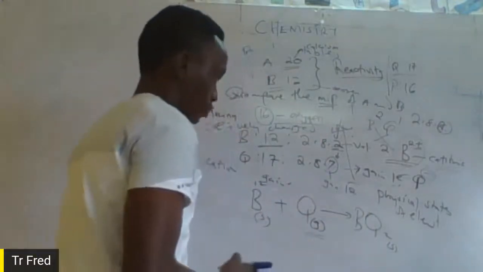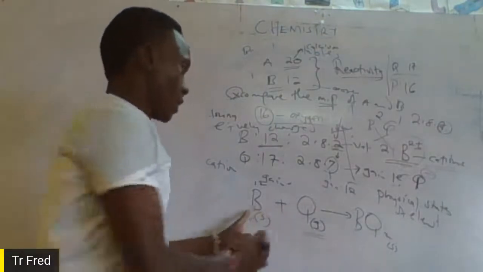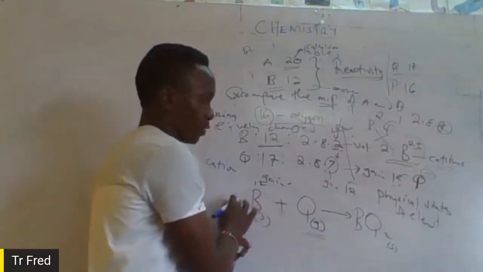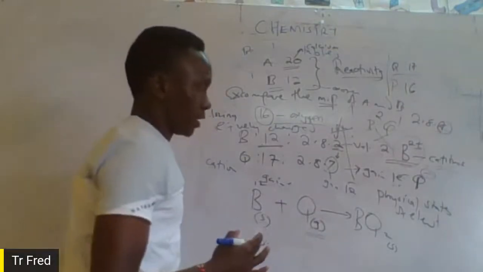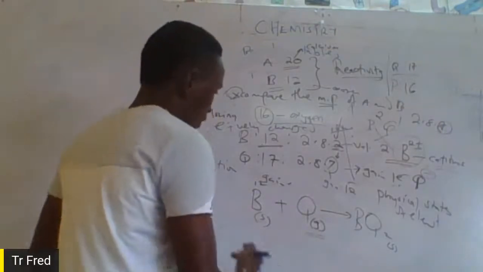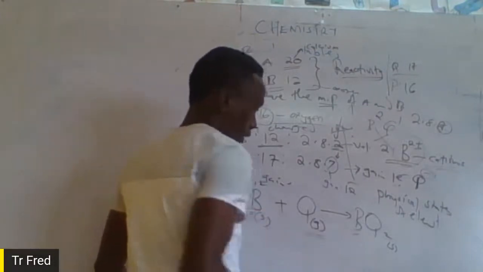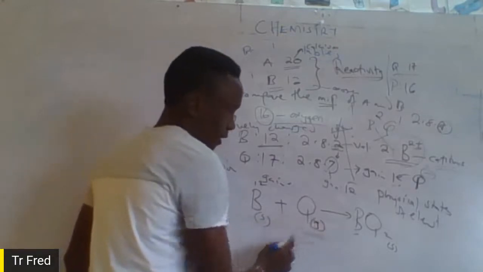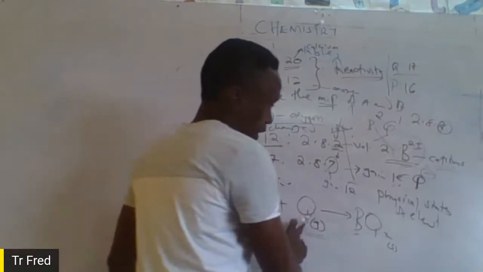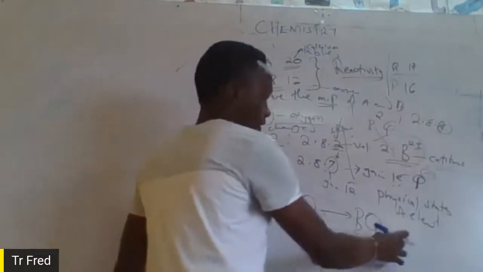Now, the last step is to balance the equation to make sure that there is a balance of the elements on the product side and the reactant side. On the reactant side, we have only one B, which is equivalent to one B on the other side. But we have only one element of Q here, and on the other side we have two.